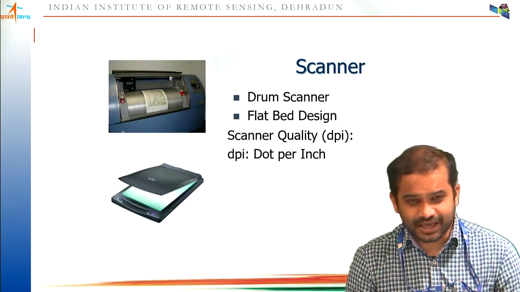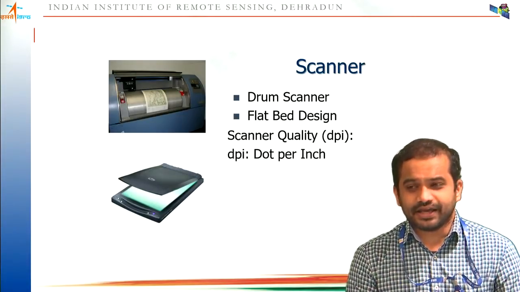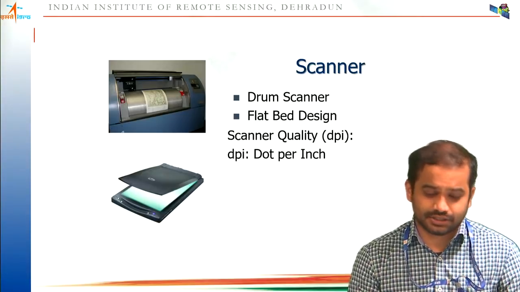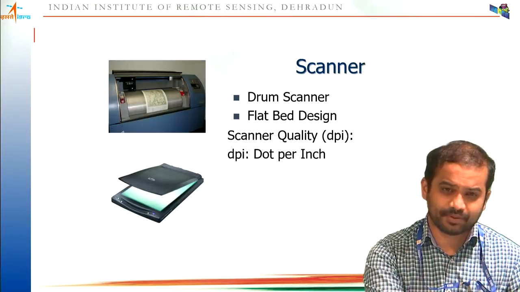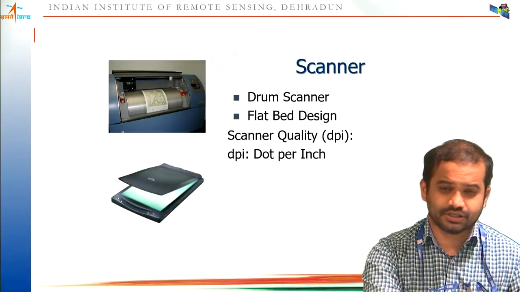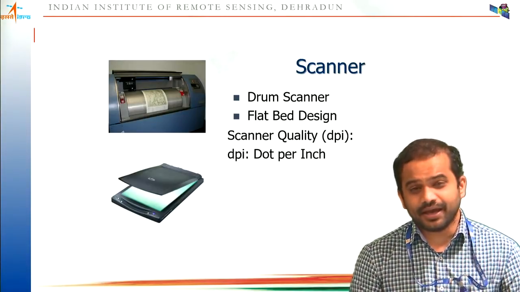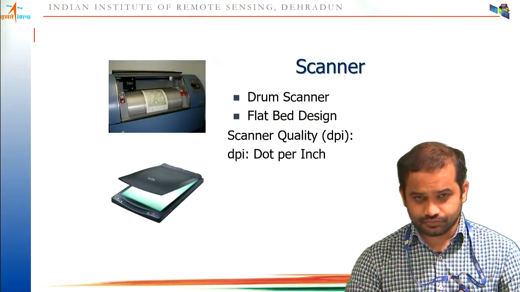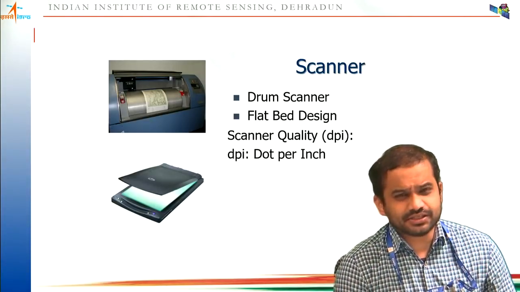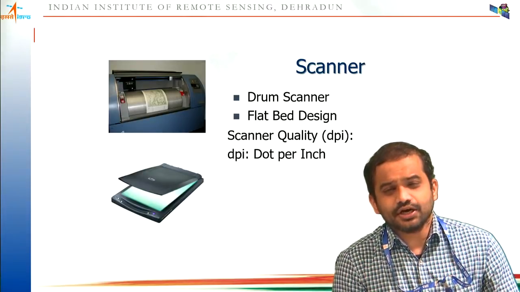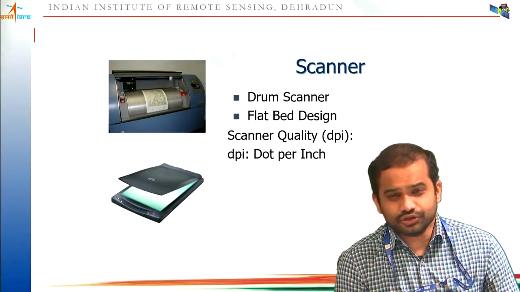So if I scan a map and get an output, for each inch of the actual physical map or paper, how many pixels will there be in my final output. Interestingly, with most display devices you might have seen there is scope for changing the resolution.